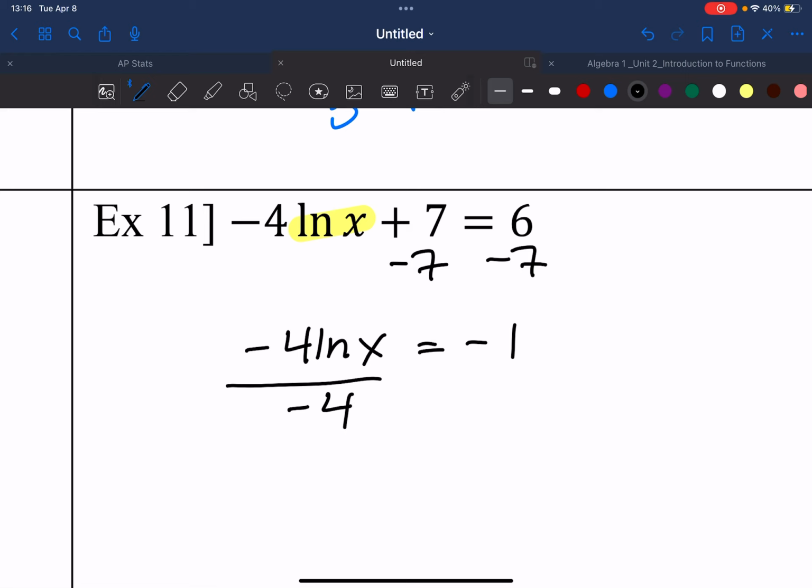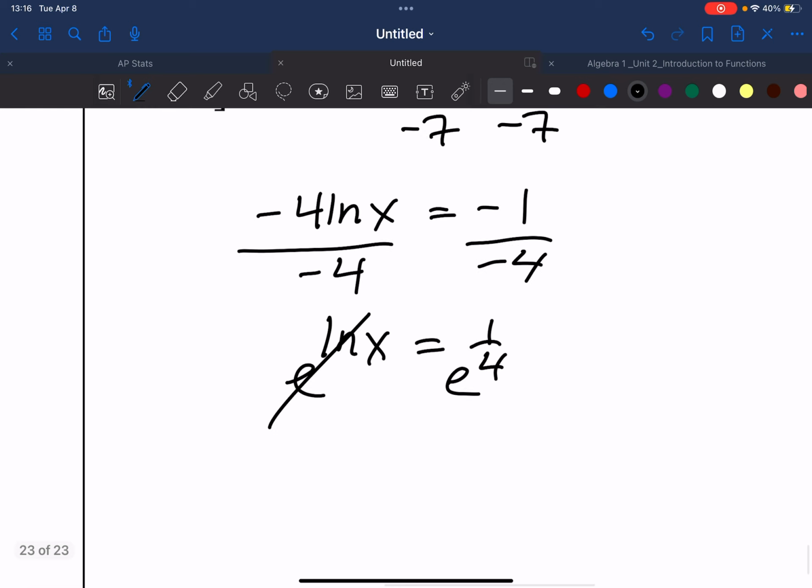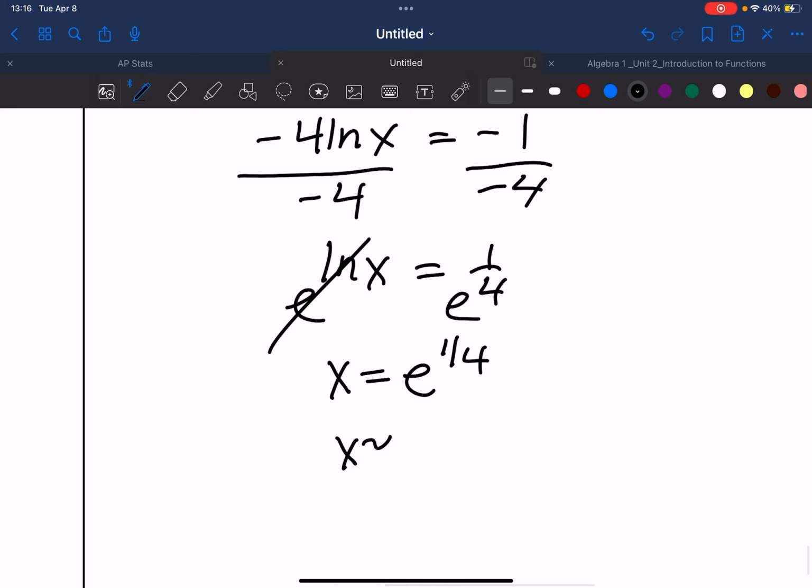And then divide both sides by negative 4, and I have natural log of x is equal to 1/4. I'm then going to take e of both sides, which means the e and natural log cancel out, and I'm left with x is equal to e to the 1/4 power. And if I wanted an approximation, I would put that into my calculator, and I get x is approximately 1.284.